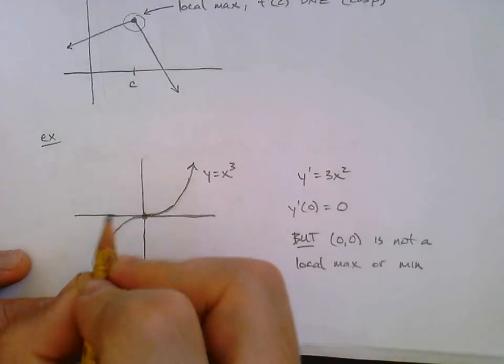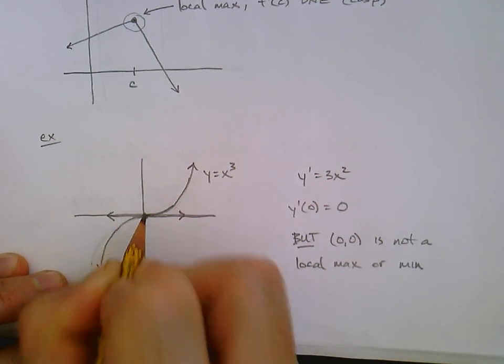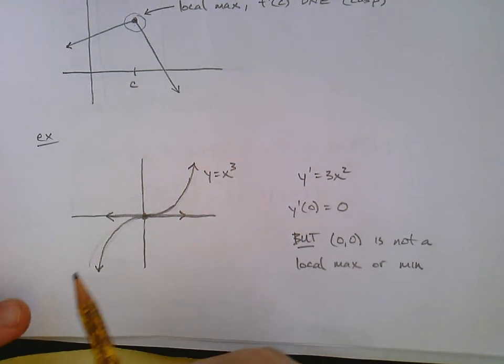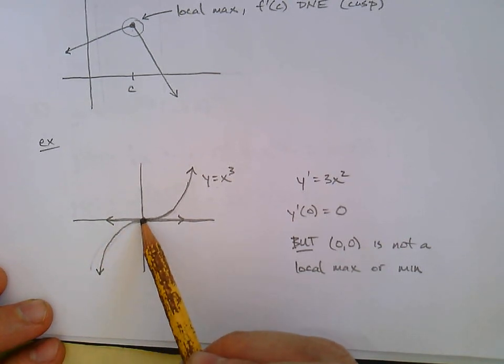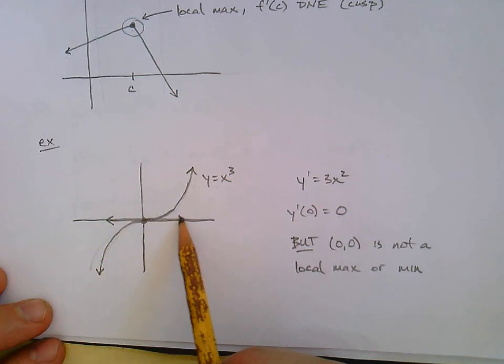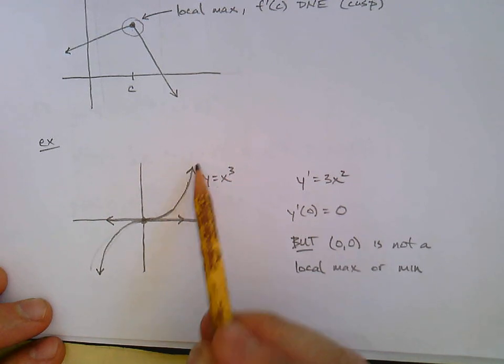Right there, you have a horizontal tangent line. Maybe that's not all that surprising to a lot of you. The tangent lines here are positive, then they start to level out, and right there at the origin, the tangent line goes perfectly horizontal, but then it starts to go positive and more positive again.